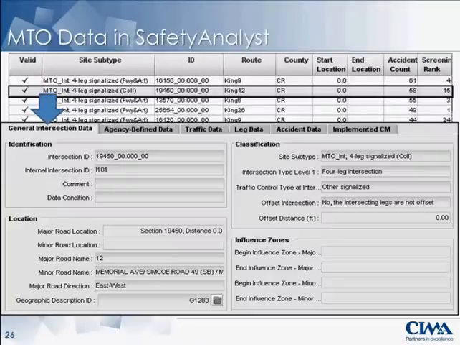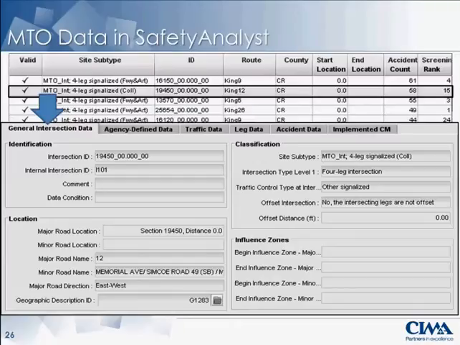For example, if you click on that location, you will see this is the ID of the location. It shows you what type of intersection. It is a four-leg intersection. It is signalized. It shows you the direction, and because it's an intersection, it is Highway 9 and Memorial Avenue, Simcoe Road 49.